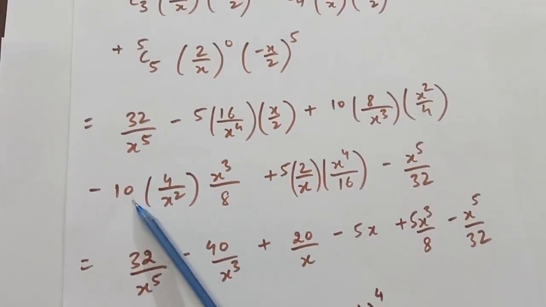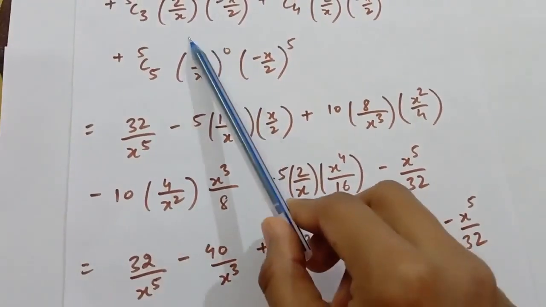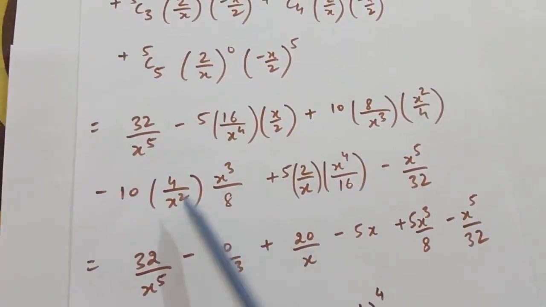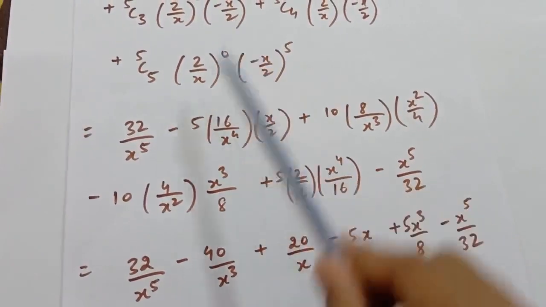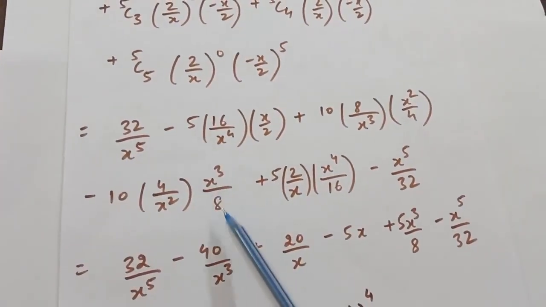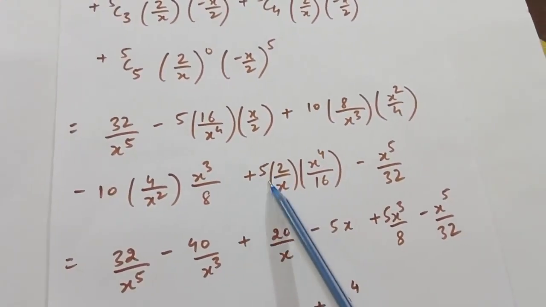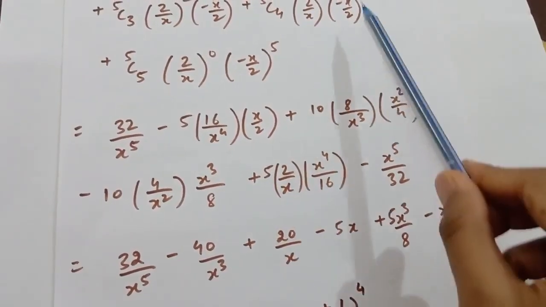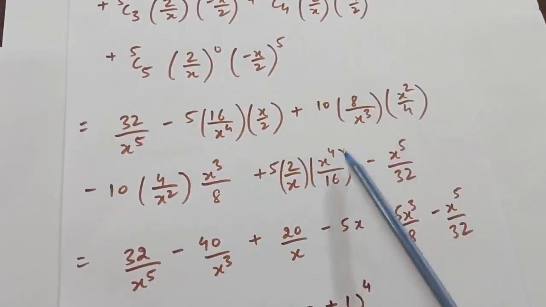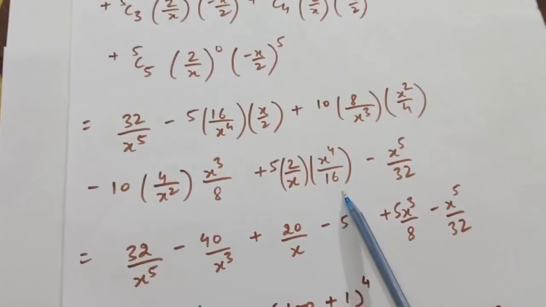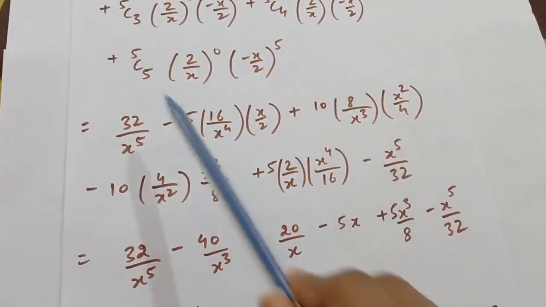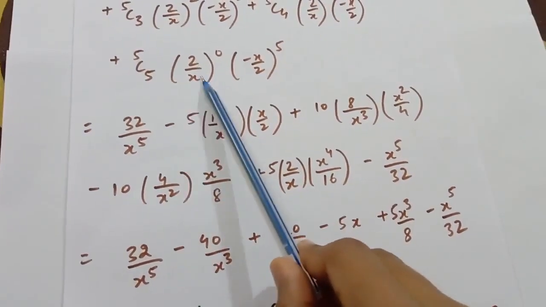Then 5c3 is also 10. 2 by x whole square will be 4 upon x square, and cube of this will be minus x cube upon 8, plus 5 into 2 by x into this will become x raised to the power 4 upon 16. And similarly the last term 5c5 is 1. This will also be 1.